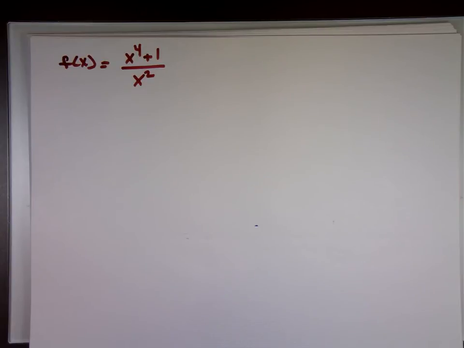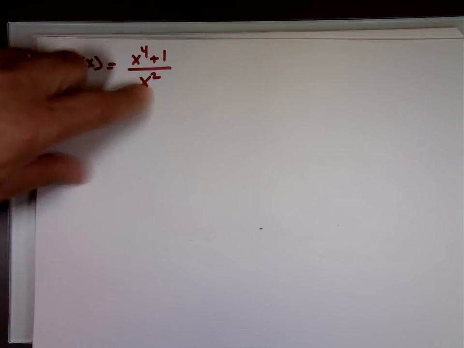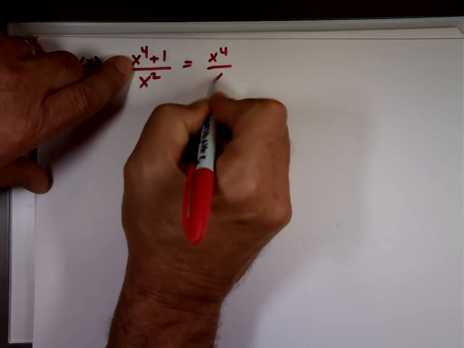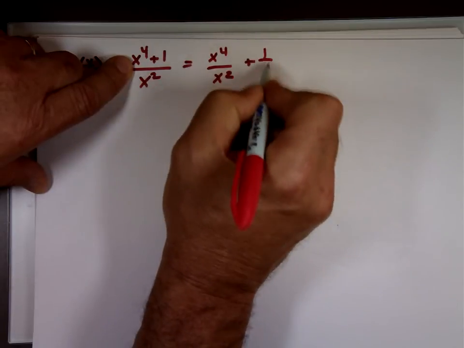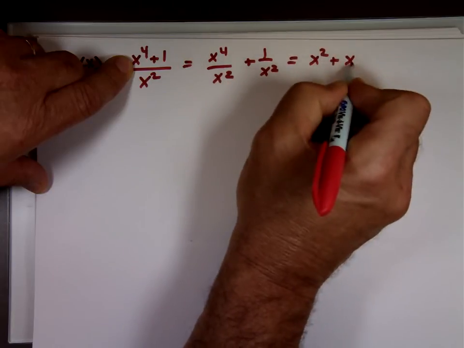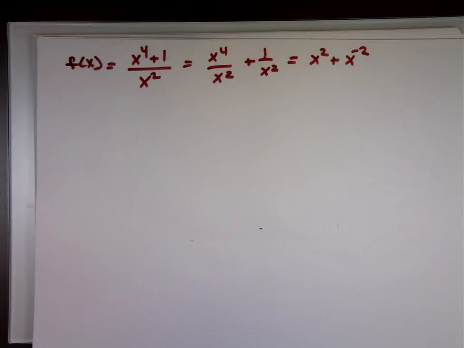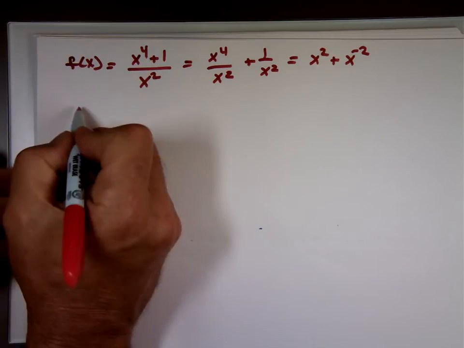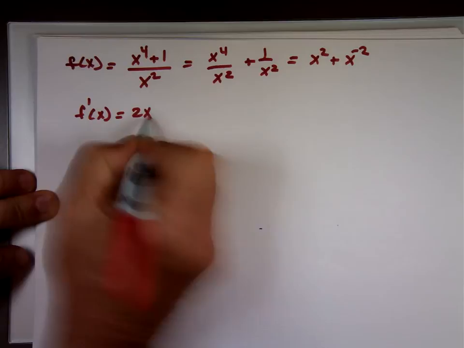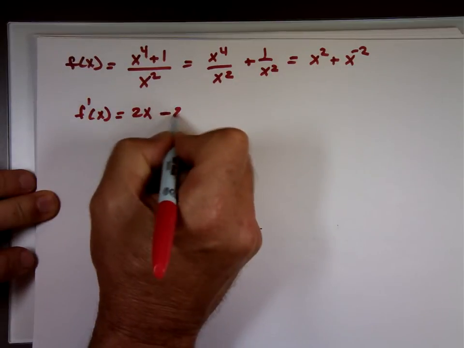Take out x squared. If you divide by x squared, what would you have? This is x 4th over x squared plus 1 over x squared, which is what? x squared plus x to what? Negative 2. What's the derivative now? 2x minus 2x to what power? Isn't that easier?